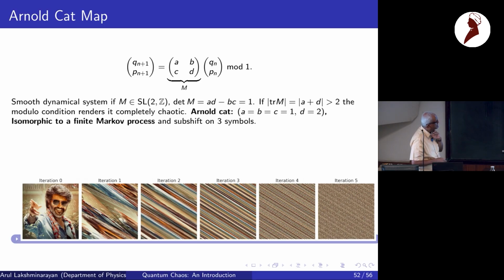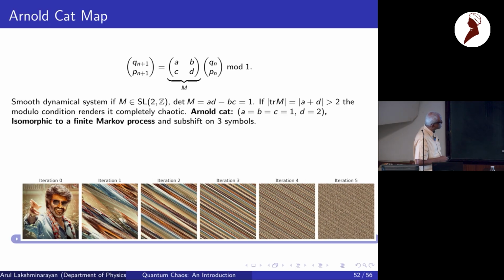And if the determinant is 1, it's area preserving. For instance, the Arnold cat itself is sometimes just 1, 1, 1, 2. So clearly area preserving, 2 minus 1 is 1, and they are all integers. It's called a cat map because Arnold and Avez put a picture of a cat in it and showed what happens to the cat.